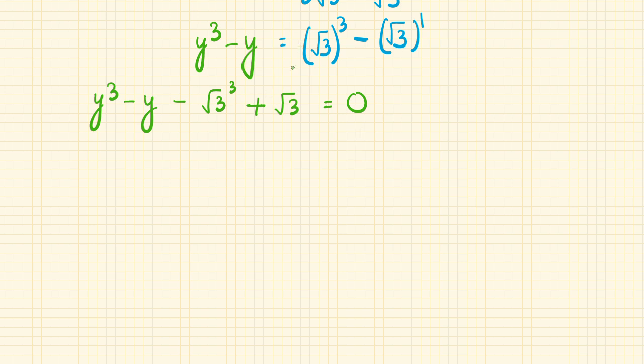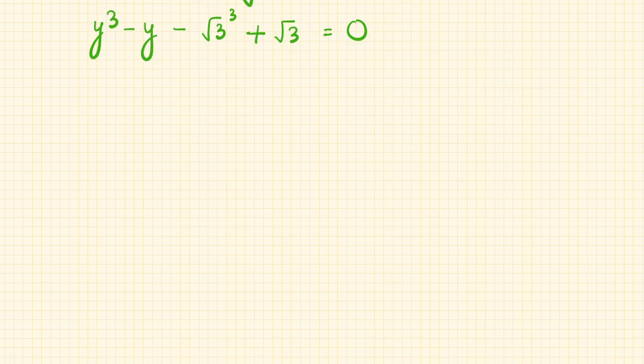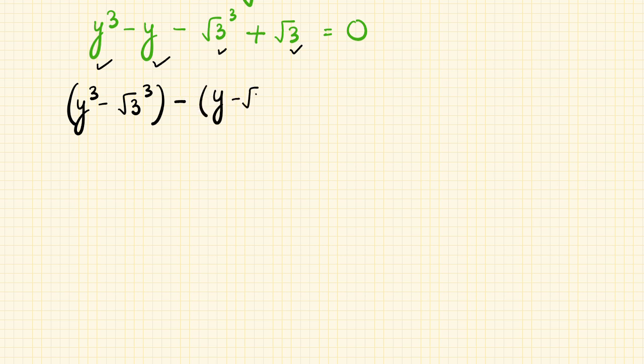So writing it, we have this and this together, this and this together. That's right: y cubed minus root 3 cubed together, and then minus, taking common, y minus root 3, right? Yeah, good.